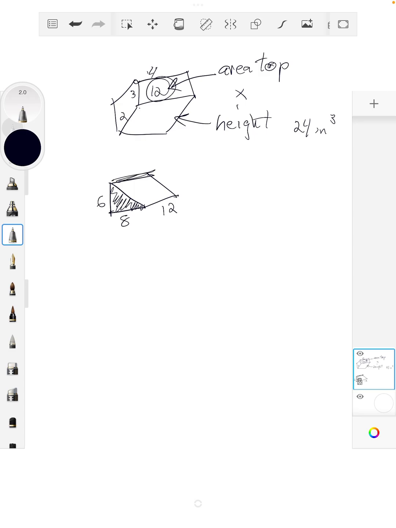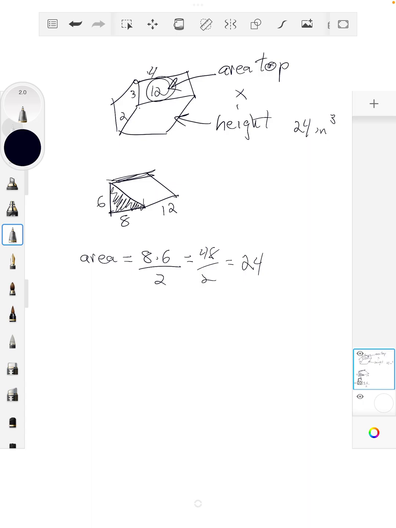So what's the area of a triangle? The area of a triangle is the base times the height, and half of it, because it's half a rectangle. So that's 8 times 6 is 48, and 48 divided by 2 is 24.